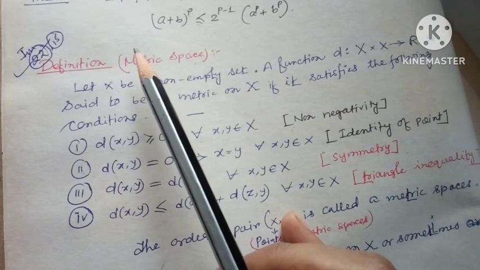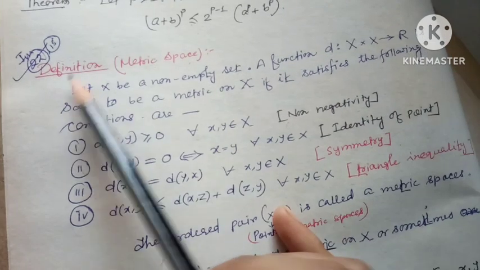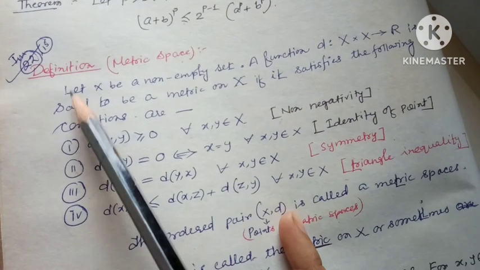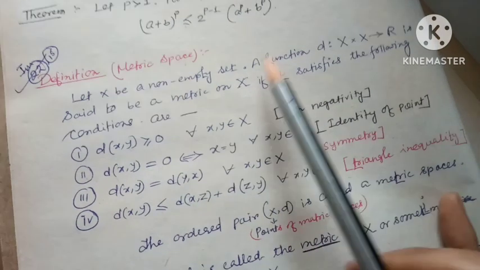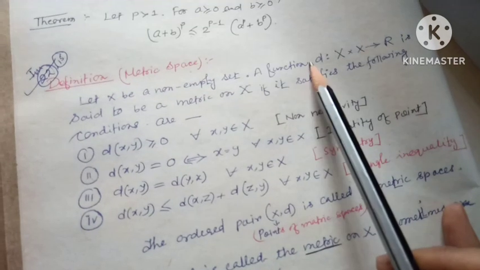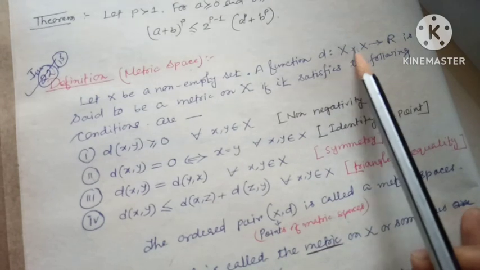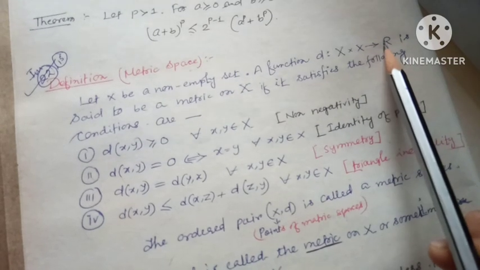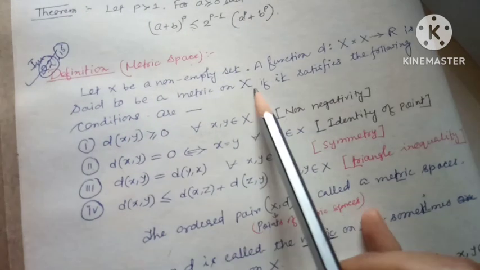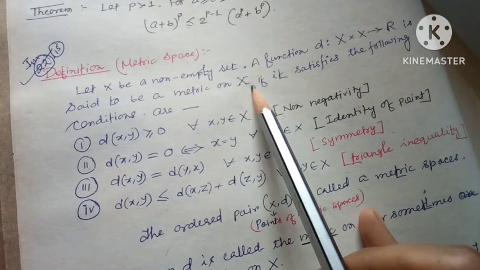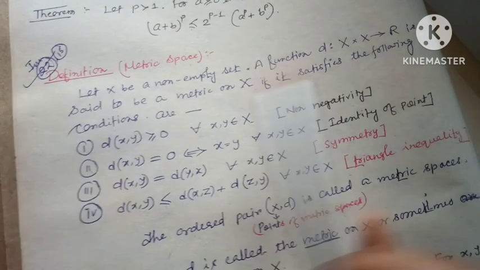মেট্ৰিক্স স্পেচ, আমি ডেফিনিশ্যন জানিব লাগিব মেট্ৰিক্স স্পেচ কি। সাপোজ ধৰি লওঁ আমি, let X be a non-empty set. A function d from X cross X into R is said to be a metric on X if it satisfies the following conditions.